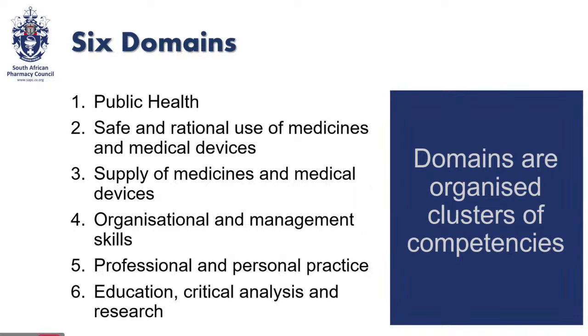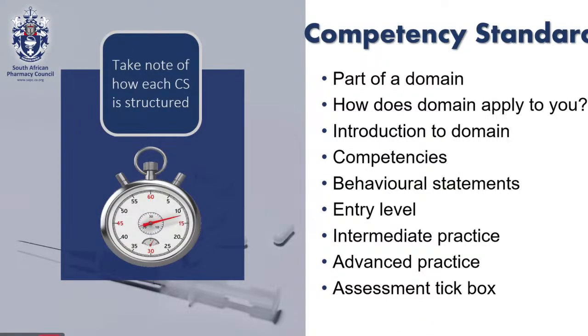Remember, you have to select one of each: one competency standard within domain 1, one in 2, one in 3, and you can submit them in any order. Domains are organized clusters of competencies, developed for the South African setting, which you are working in.